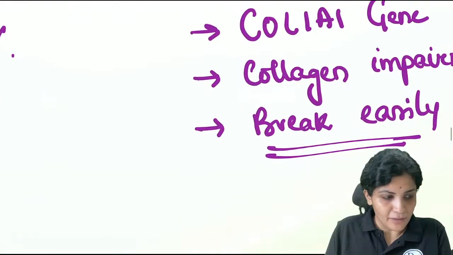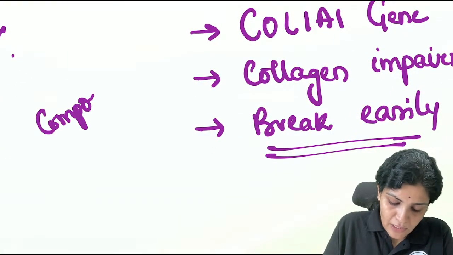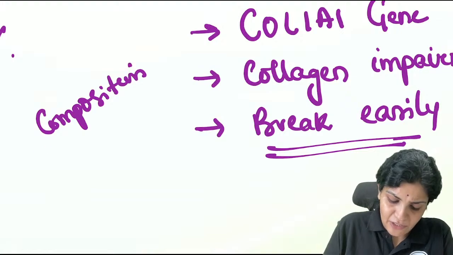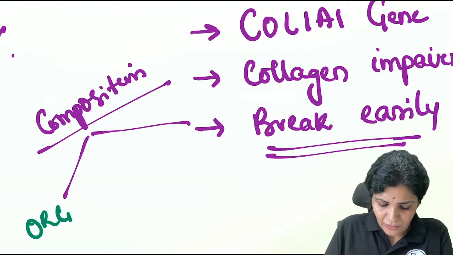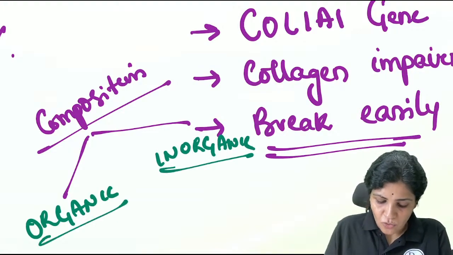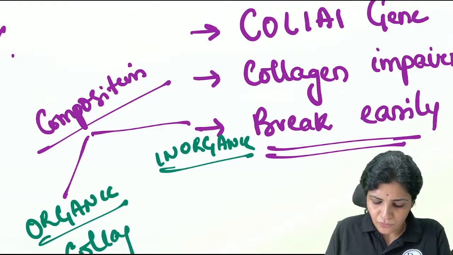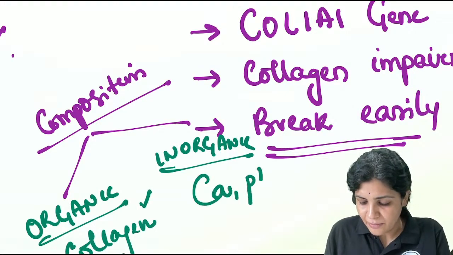If you remember the composition of the bone, I have already discussed yesterday also. There is an organic component and an inorganic component, right? So organic, there is a lot of collagen and other products, and inorganic is calcium and phosphorus.